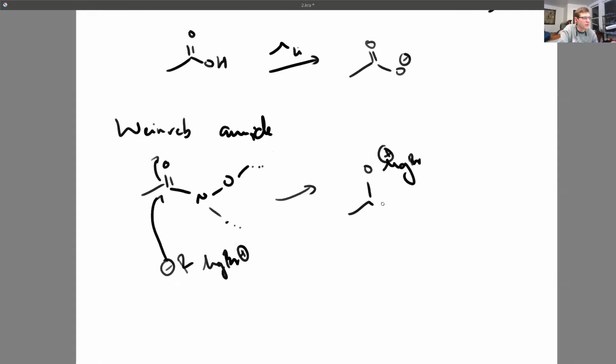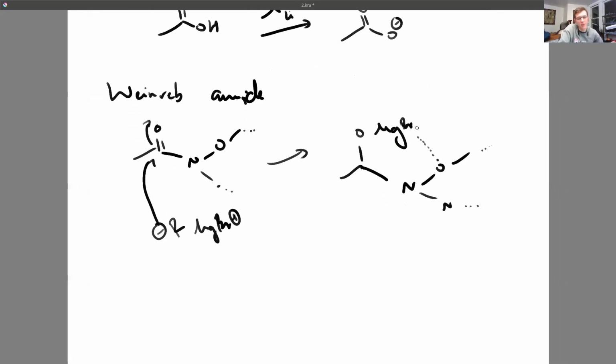When you add one of these, it stabilizes this thing. And the amide won't come off. It's going to stay on there.